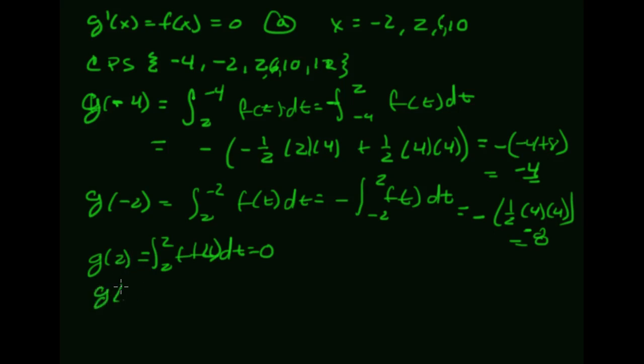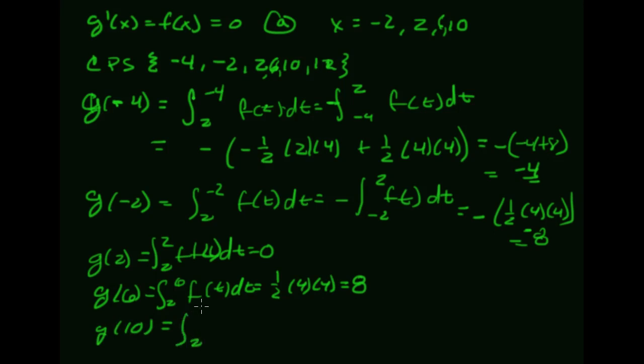G of 6 is the integral from 2 to 6 of f of t dt, which is just the triangle with a base of 4 and a height of 4, which gives me positive 8. G of 10 is 2 to 10 of f of t dt, which is that 8 that we just found, right?